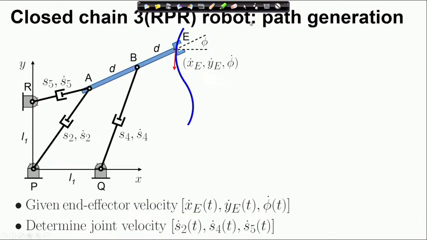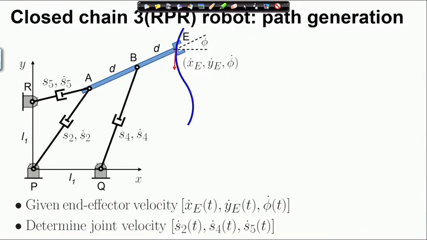Now, let us look at the closed chain 3 RPR manipulator. This manipulator has 3 degrees of freedom.